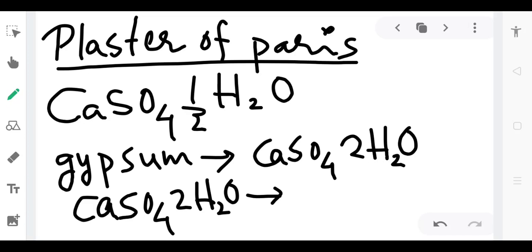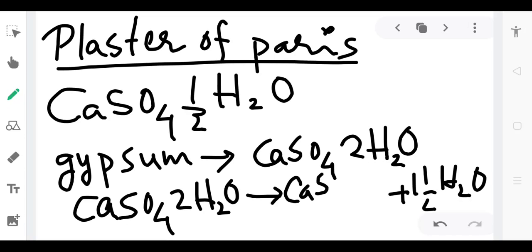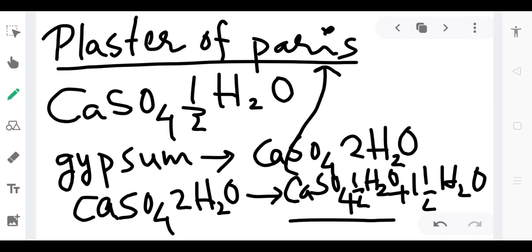When 1.5 water molecules are removed, the remaining compound is CaSO4 half H2O. This is called plaster of Paris. We have to take gypsum and heat it.